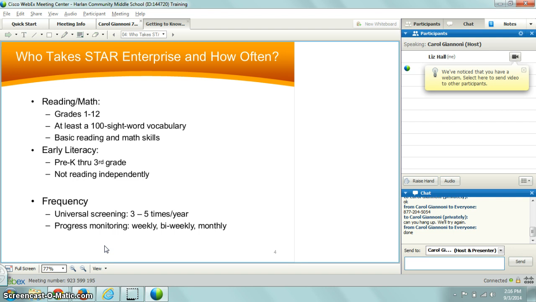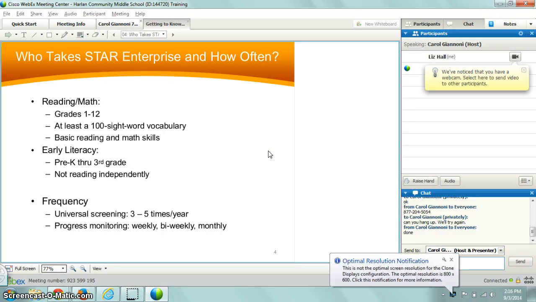Some schools will also put in a late fall screening to give them an additional data point to look at and make some adjustments if they need to, as far as possibly other programs, like an intervention program, which I believe you do. It will help you get some of that baseline information and assign those resources, and that's where progress monitoring comes in.